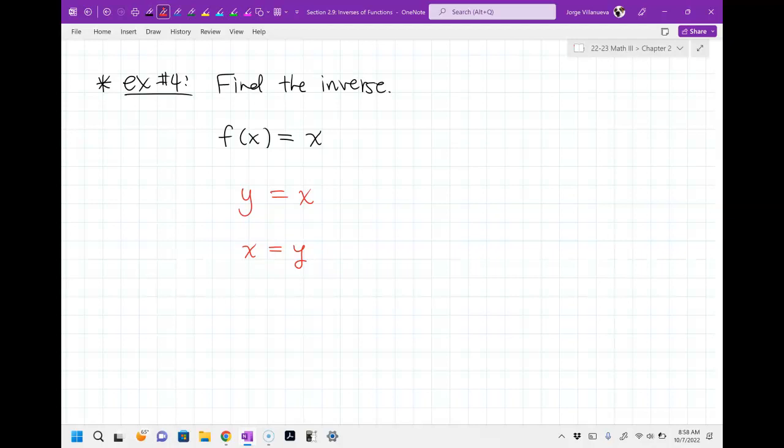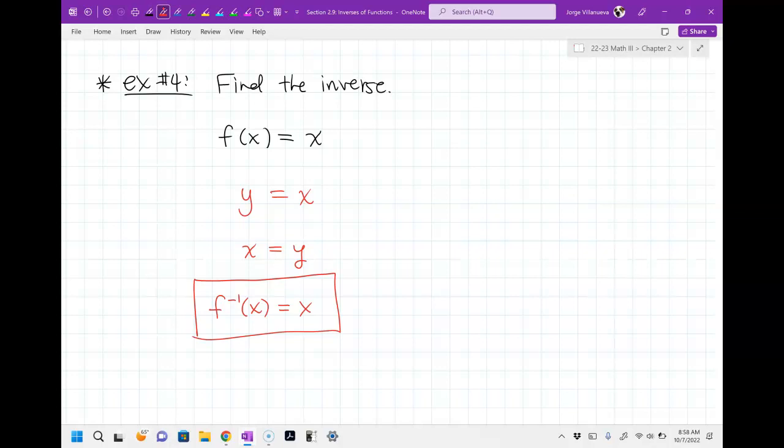Fourth step, solve for y. It's already solved for y. I don't have to do anything, right? It says y equals x. It's just kind of backwards, but it says y equals x. All right. So I'm done. Fifth step, rewrite y as your inverse function. So I'm going to write f inverse of x is equal to x.